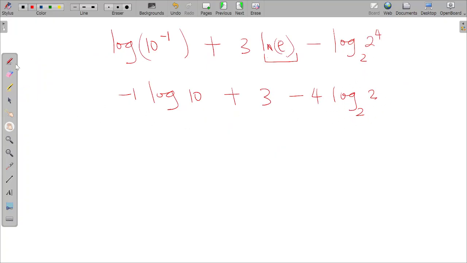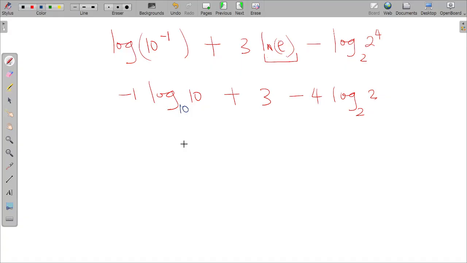And for log 10, since no base is written, we can assume base 10, which also gives 1.